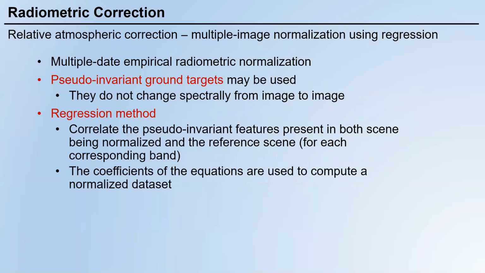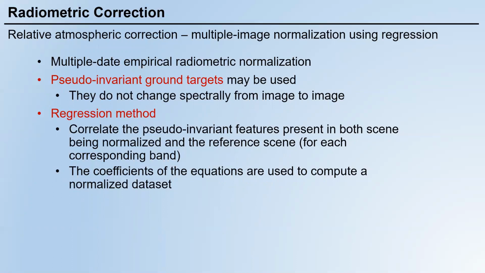So here, we can also use multiple image normalization using regression to address a similar issue. Okay, multiple date empirical radiometric normalization. That's another name. And in this method, we need to find something called pseudo-invariant ground targets.